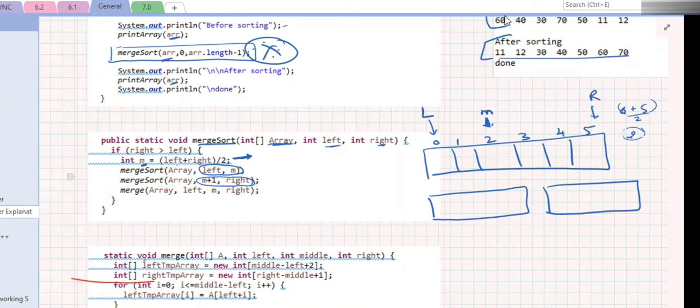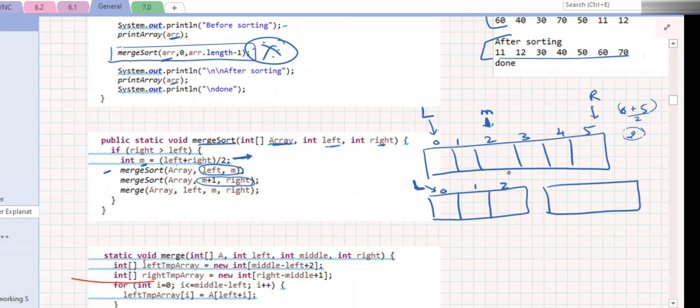So we'll make use of this mid concept. We'll make use of the mid to split the array. If you see here, they've split the array. Now they are calling merge sort on a smaller input. They are passing left, so your left was still here, and this index is mid.